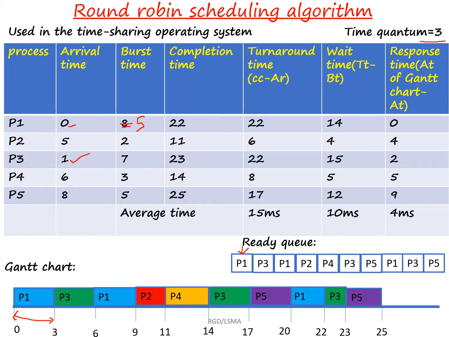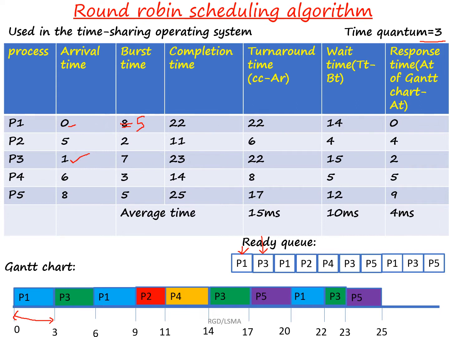The P3 process arrival time is 1. This one is within the range 0 to 3. So you can put the P3 process in the ready queue. First you have to check if any other process is waiting in the ready queue when the CPU is executing the current process. Next, you preempt this P1 process back to the ready queue. So when the CPU is executing the P3 process, the P1 process should be preempted.